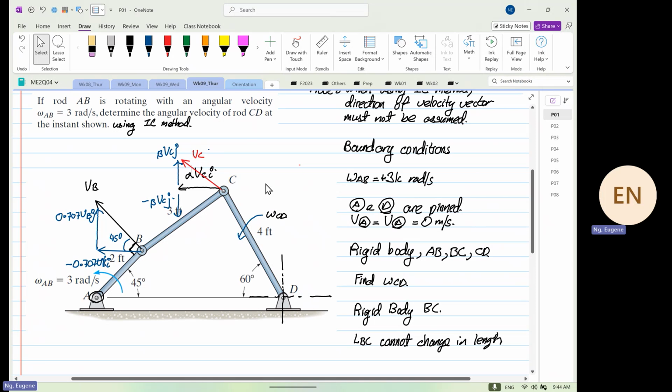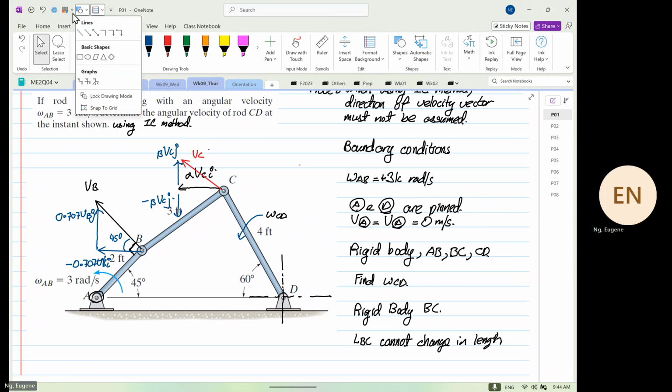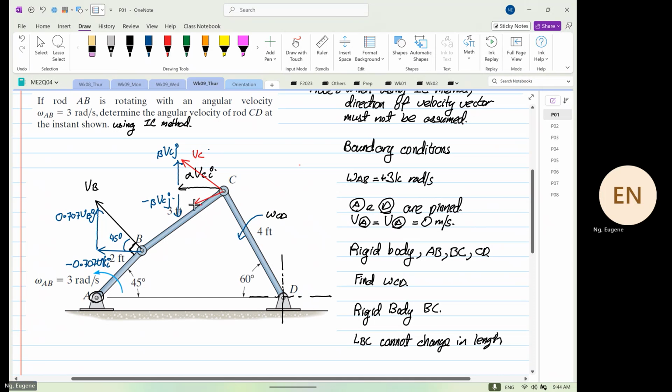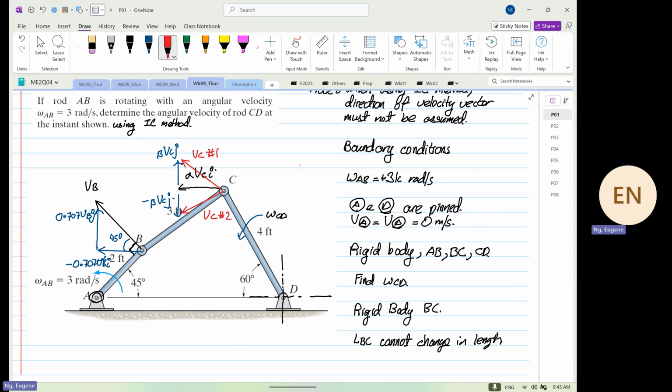And the other one, we assume it coming down this way. So VC number 1, VC number 2. Is it possible for VC number 1 to happen?